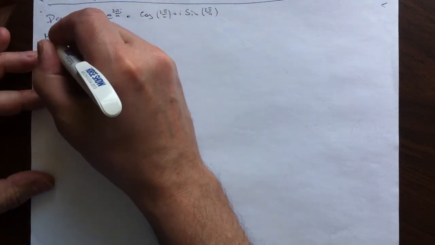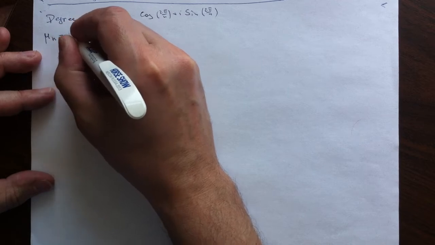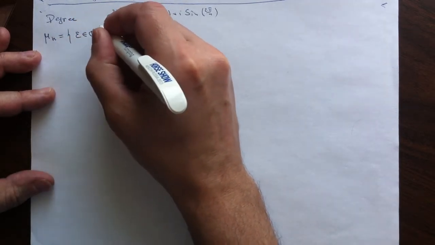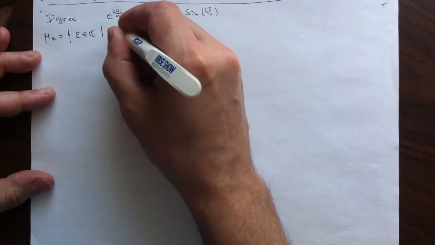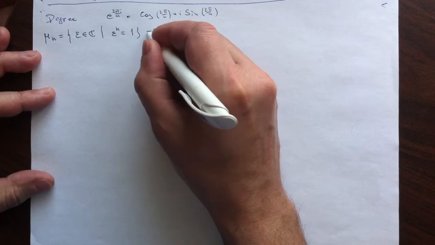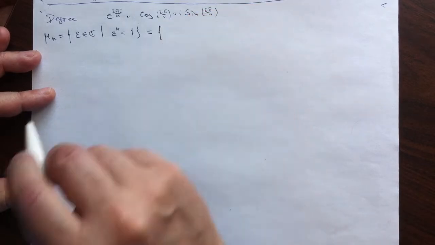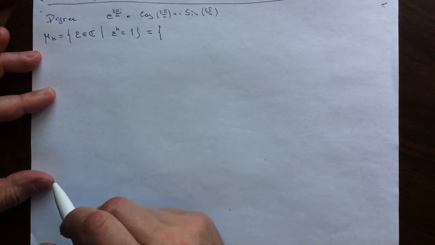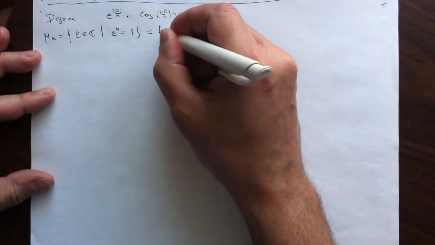Let me recall the standard notation. Mu sub n is the collection of all of them, so the collection of complex numbers which raised to the power n are equal to 1. And from the trigonometric form of complex numbers, we can classify them all.